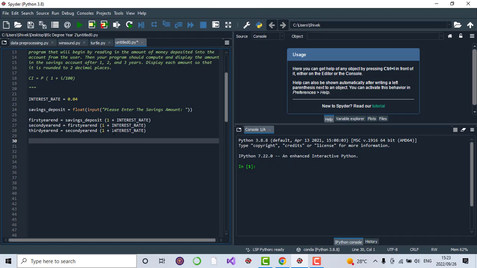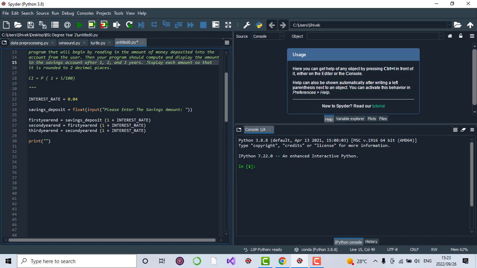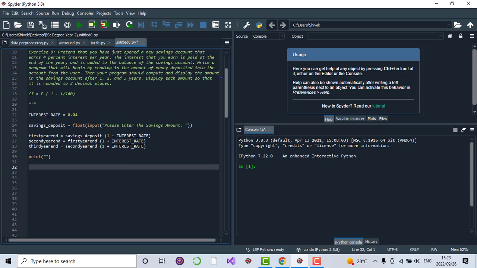That's brilliant. That's excellent. Now we may actually proceed to print a small display message to the user. What's important in this particular portion of the program is that we need to pay attention to formatting. Display each amount so that it is rounded to 2 decimal places. Let's proceed to do that.